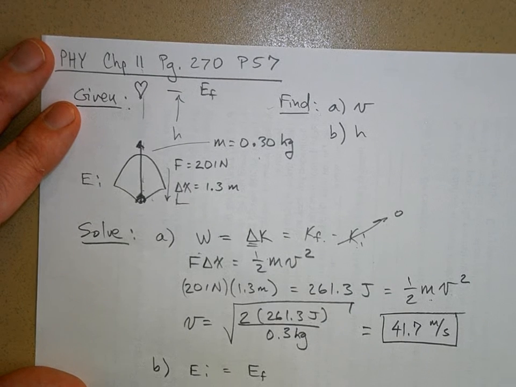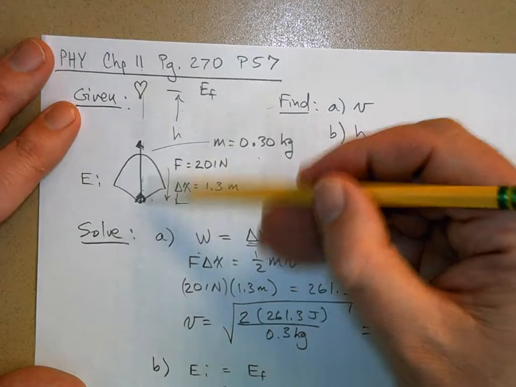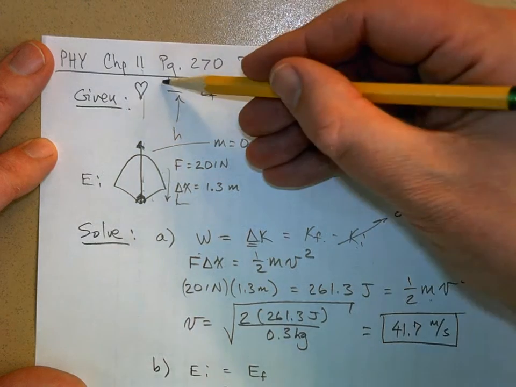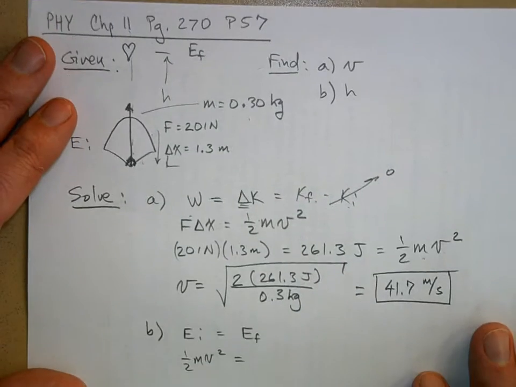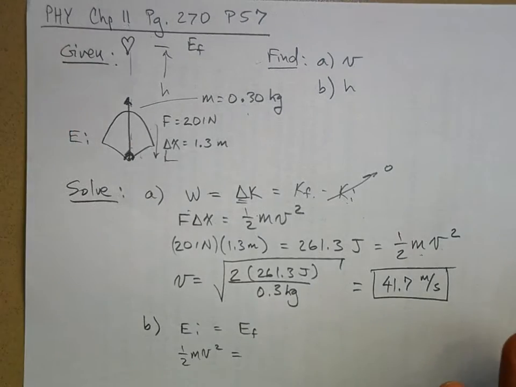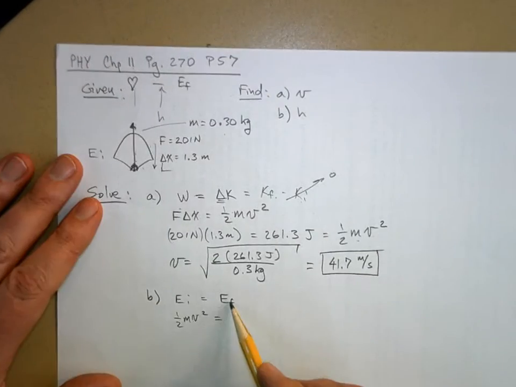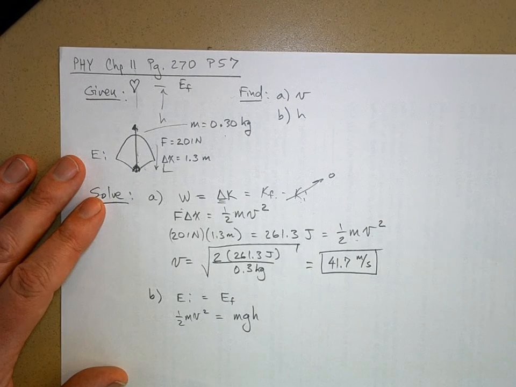And this is 1/2 mv squared, that's the energy it has right after it's fired, equals, it's going to go all the way up to the very top. And when it gets to the top, it's going to stop, and it's going to have gravitational potential energy. Let me zoom out a little bit. So the final energy is going to be mgh. That's my potential energy equation.